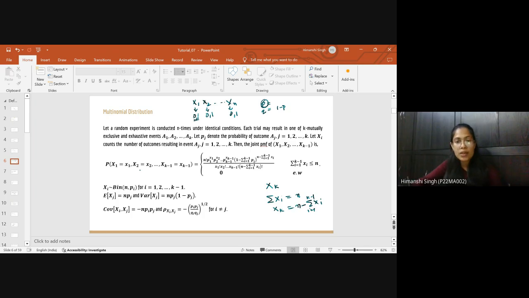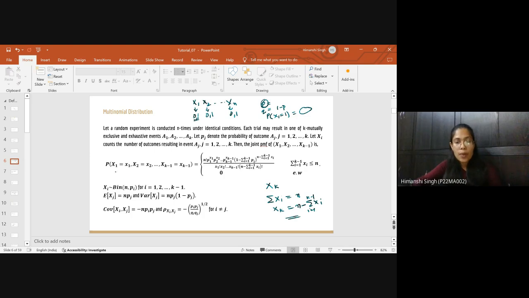So ultimately we only have k minus 1 random variables. You can also notice this in the binomial distribution. There, for xi we have two outcomes, but we only considered the probability for x1 equal to 1, and we have the PMF for that. So here also we are considering one random variable less because of this relation.